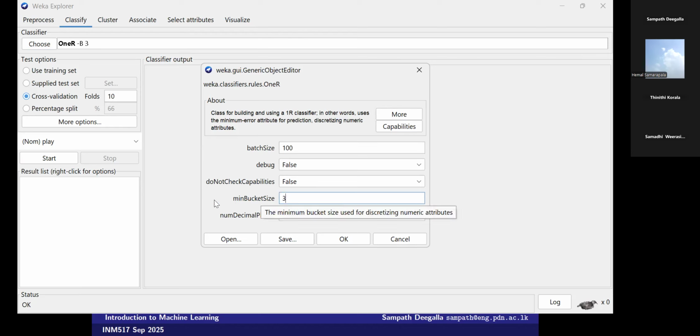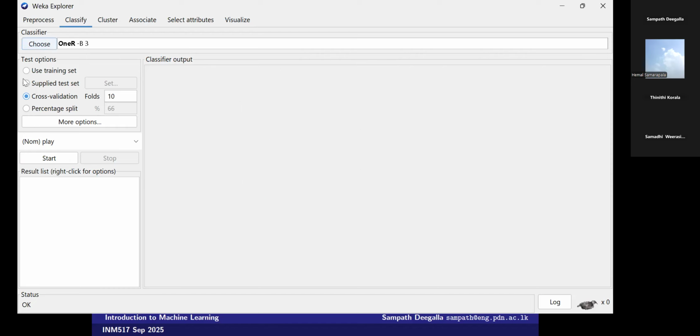So let me put 3 because we selected at least a minimum of 3 instances from the majority class. So you have to make the bucket size 3. And if you click OK, now you can observe that it shows you the algorithm as 1R with B 3. That means we are specifying the minimum number of instances in the majority as 3.